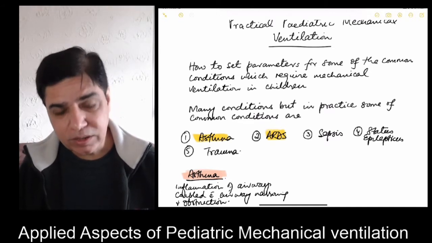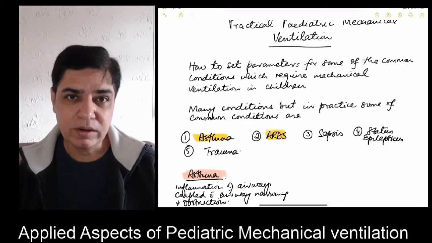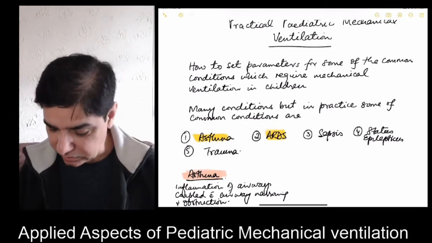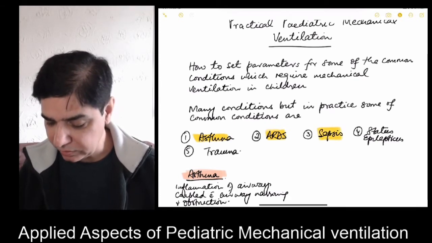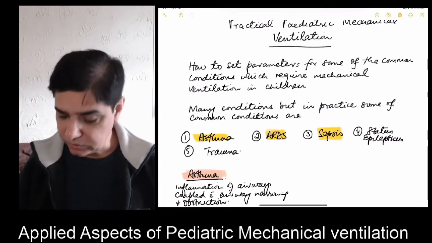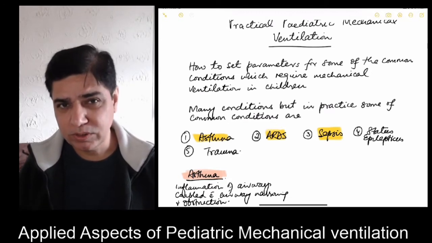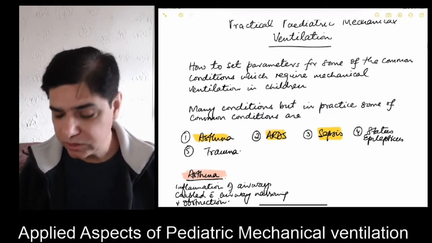Then the third thing in which you can require mechanical ventilation for a very critically ill child is in sepsis. For a child who's having life-threatening sepsis, you might consider mechanical ventilation. And another condition in which sometimes we require mechanical ventilation is status epilepticus.